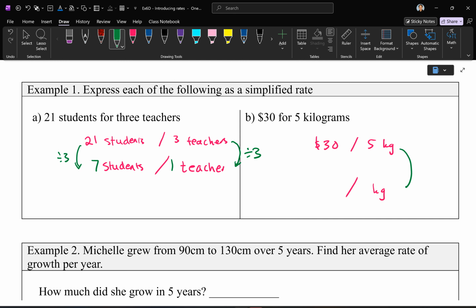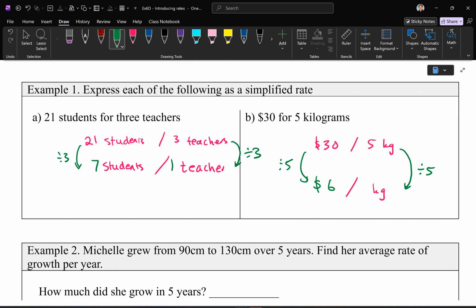How do I go from 5 mathematically down to 1 kilogram? Divided by 5. Whatever you do to one side of the rate, you must keep the rate the same, right? So divide one side by 5, divide the other side by 5. $30 divided by 5 gives you what? Let's go with Tom. What's 30 divided by 5? 6. So this tells me, instead of saying $30 per 5 kilos, $6 per kilo is more common.